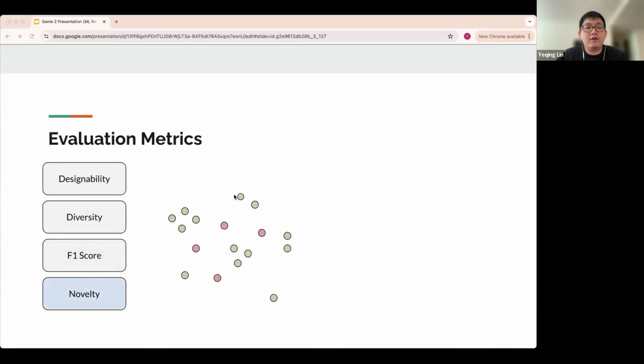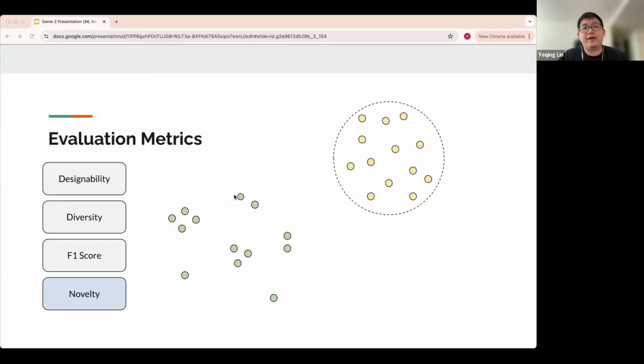And finally, for novelty, we are using some of the similar steps here. Essentially, to start with, we have a set of generated structures. We similarly filter out those that are not designable. We then compare them with respect to a reference data set.